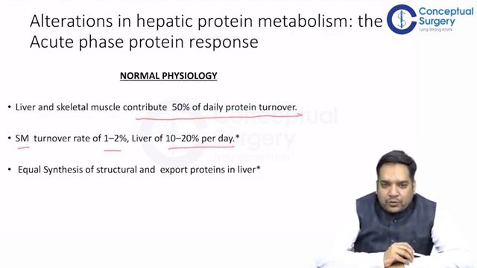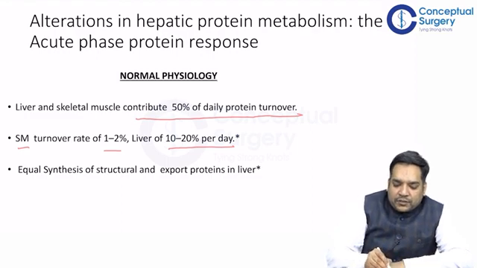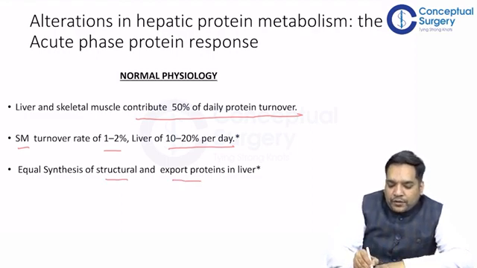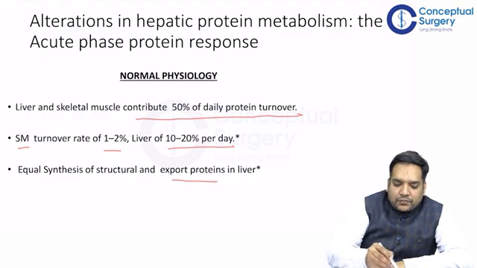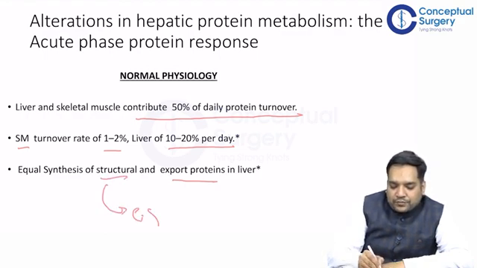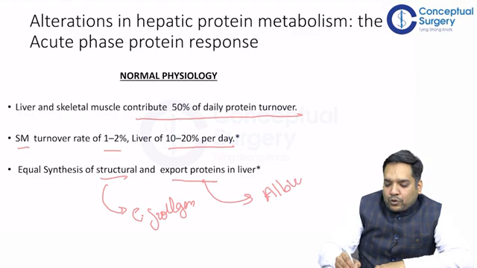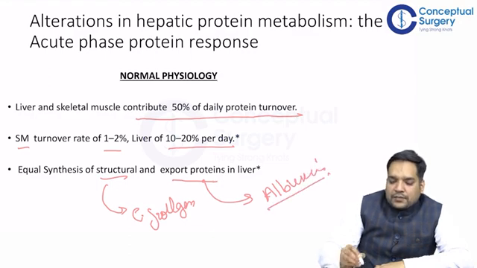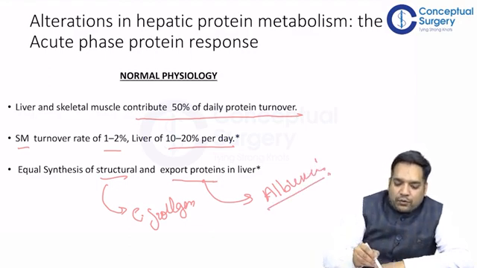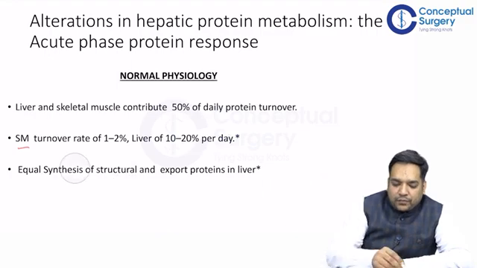And it is important to know that there is an equal synthesis of structural and export protein in the liver. So an example of structural protein is collagen, right? And export protein is albumin. So both types of protein are synthesized in equal amounts, right? Just remember that.